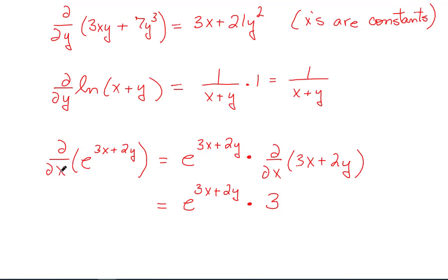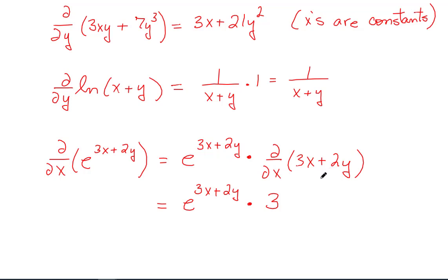What about the partial derivative with respect to x of e to the 3x plus 2y? Again, the chain rule, so the derivative of e to a function is e to that function back times the partial derivative with respect to x of the exponent part.